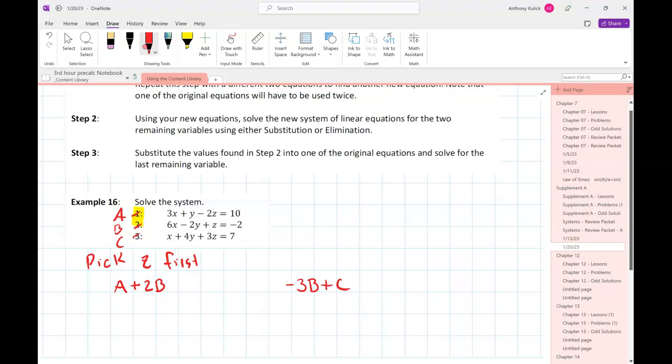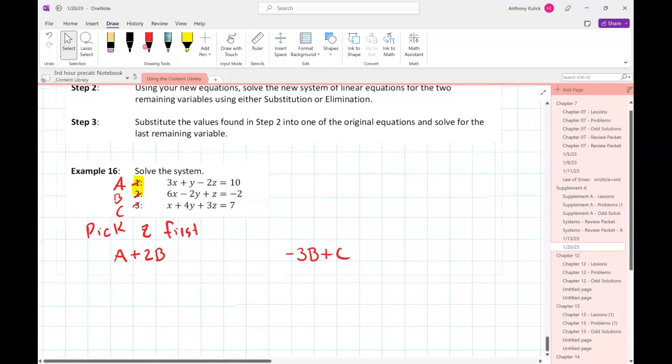Everybody's okay with that? Notice that I can use a different constant for each elimination. That's fine. I do not have to use the same constant for both of them. And I could multiply equation A or C by something if I need to. That's fine. But in general, I try to do this so I don't have to do that, right?